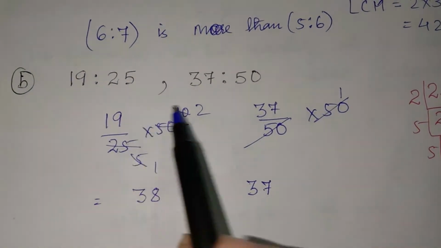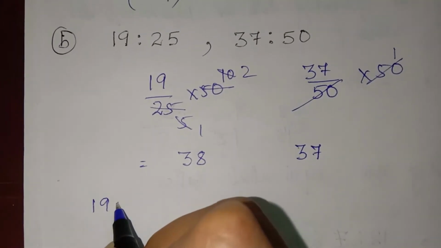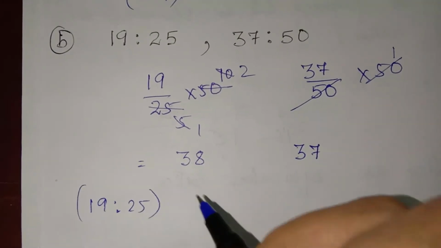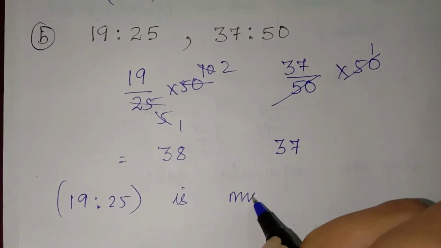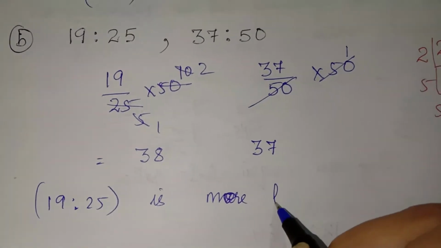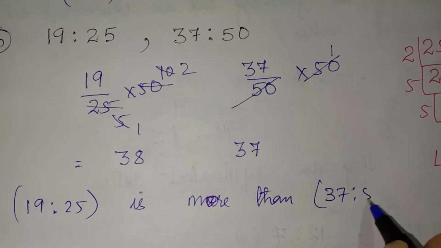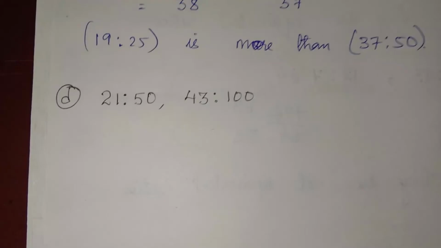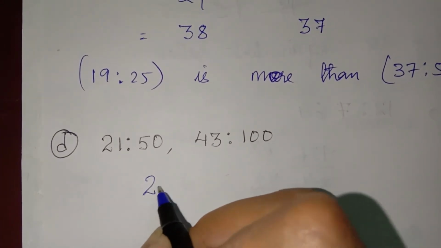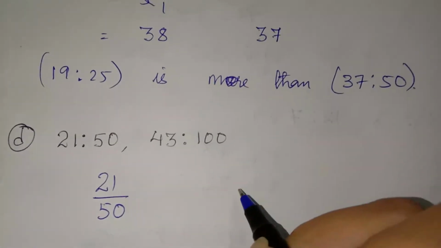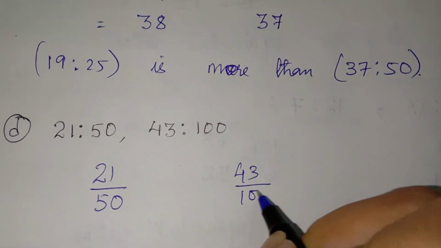So this ratio is more, that means 19 is to 25 is more than 37 is to 50.